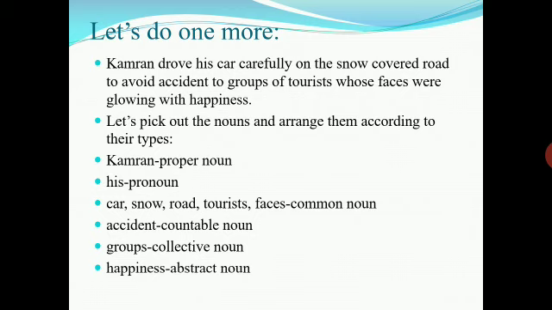Car, snow, road, tourists, faces, these are all common nouns. Accident, it's a countable noun because we can count the accidents. Groups, that's a collective noun because a group is made of many things. Happiness, it's an abstract noun because it's an emotion.